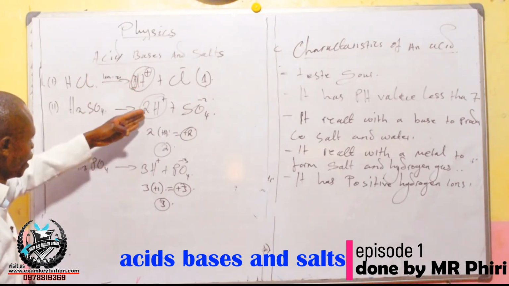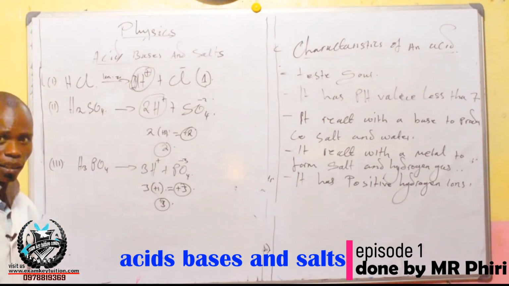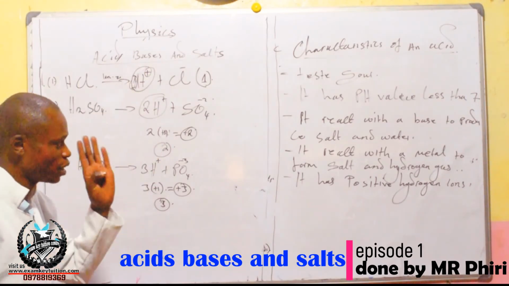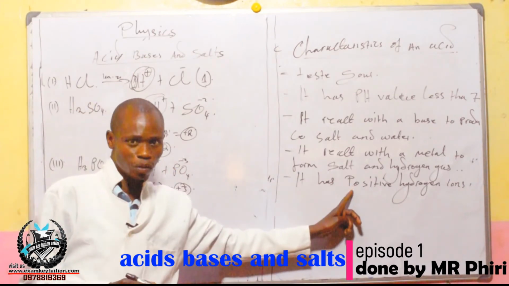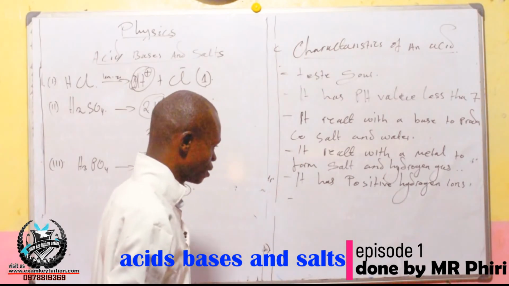You realize that in each acid you are expecting to find the hydrogen ions. So for us to know this is an acid, this one should be true. It is a property or characteristic of an acid.